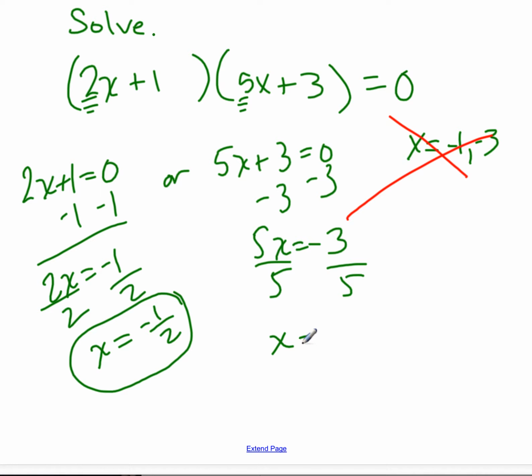So, having graded many of these tests, these are the pitfalls that I see. The answer to this quadratic equation that has already been factored for you, using the zero product property, is x equals -1/2 and x equals -3/5. So don't just try to be quick and jump to the answer mentally. Take the time to solve the equation so you can actually see it for yourself.